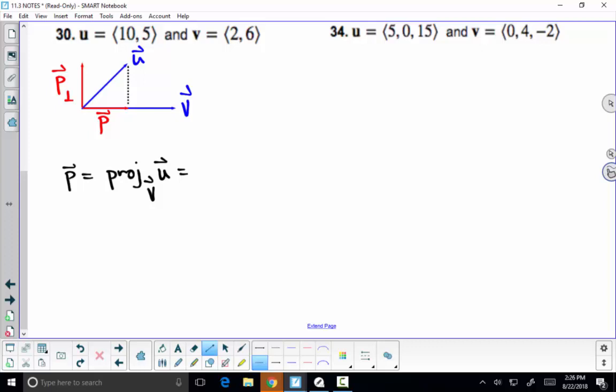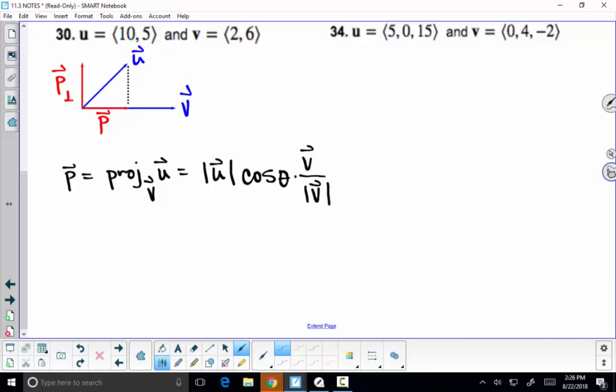So this is going to be the length of u multiplied by the cosine of theta multiplied by v over the length of v. So again, this part right here is the scalar component of u with respect to v. All right, so that's where we're at. That formula is going to give us this projection vector.